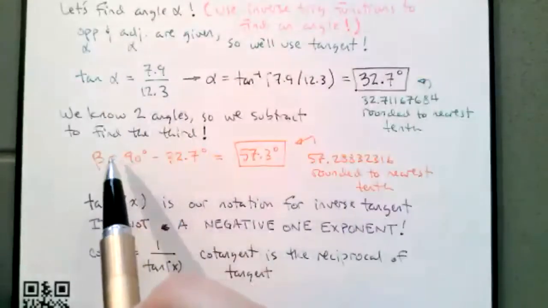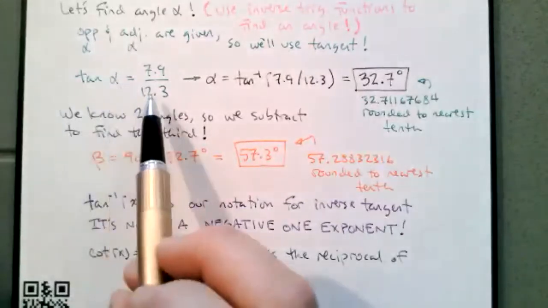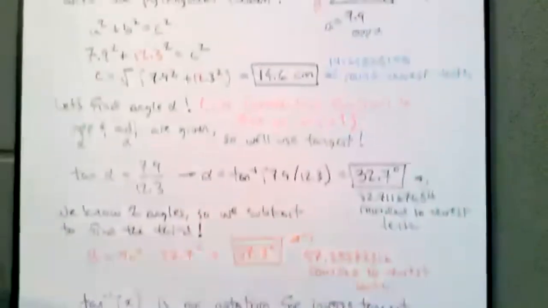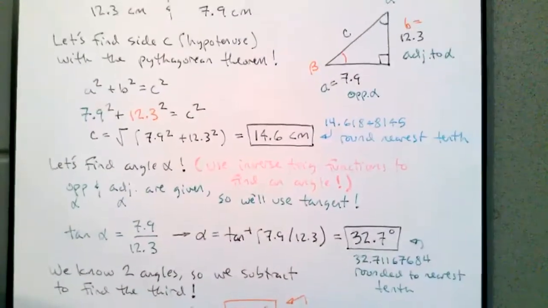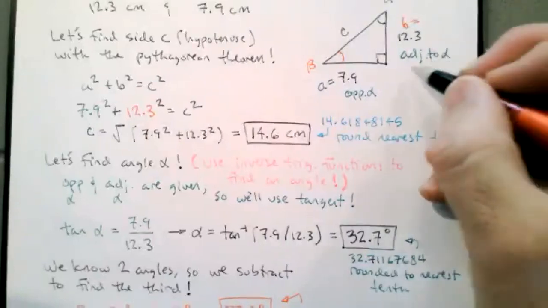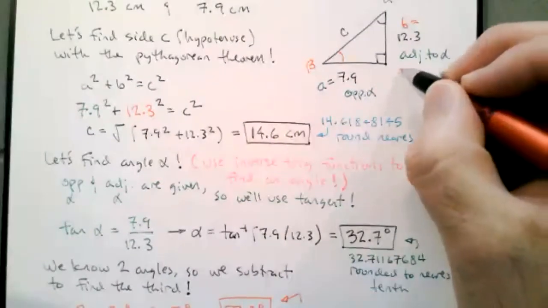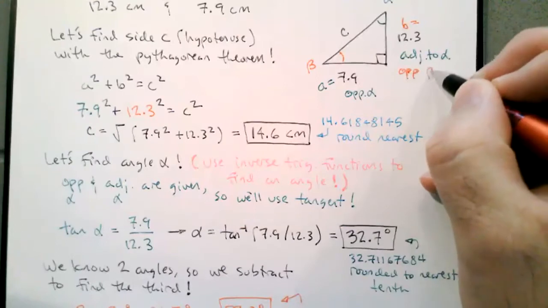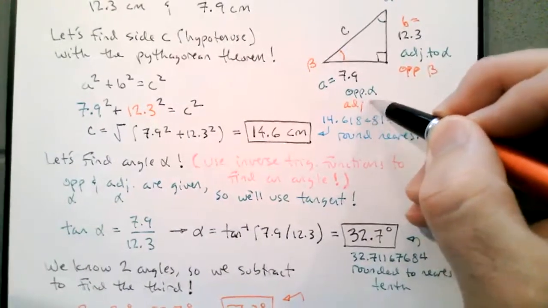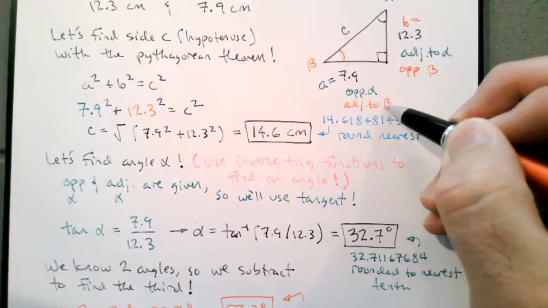Notice that we could have used the tangent again with 12.3 and 7.9. 12.3 is adjacent to alpha, but it's opposite beta. And the 7.9 is adjacent to beta.